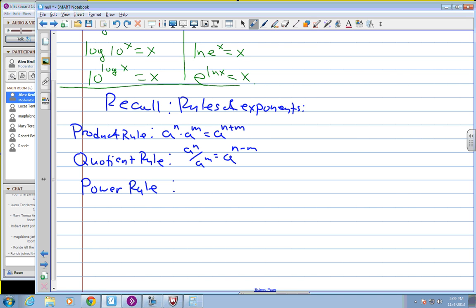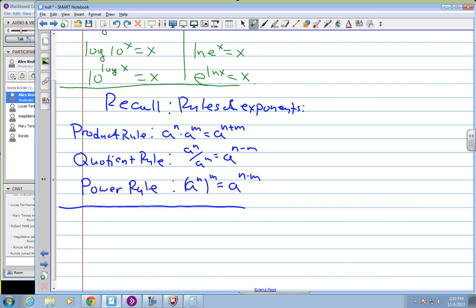And then the power rule: if you take a to the power n and you raise it to the power m, that's just a to the power n times m. Okay.